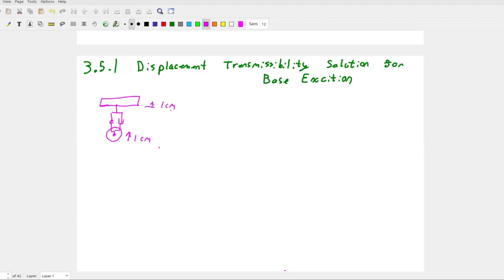So the particular solution for a base excited system with the equation of motion that we just wrote out in the previous section is still x of p, and we can call that x of p of t. And because it is a linear system and everything we do in this class is linear, a sum of 2 solutions is a solution.